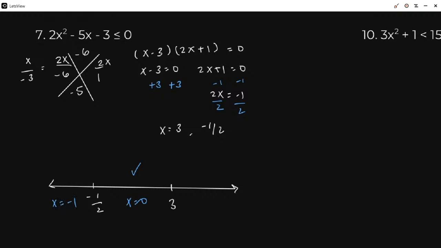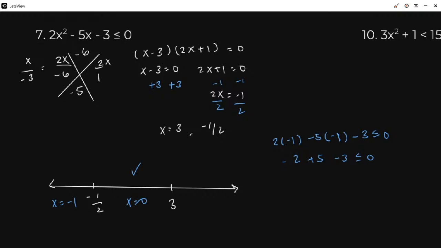If I did that, that would be 5 times negative 1 minus 3 is less than or equal to 0. So that's negative 2 plus 5 minus 3 is less than or equal to 0. Wait, did I do something wrong?